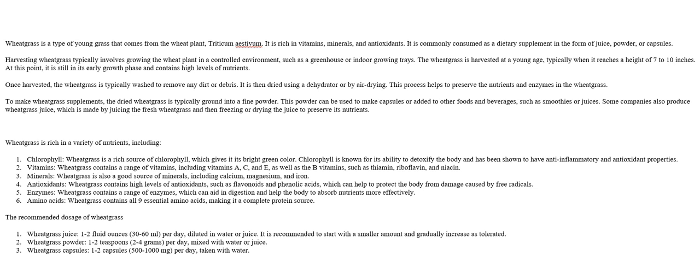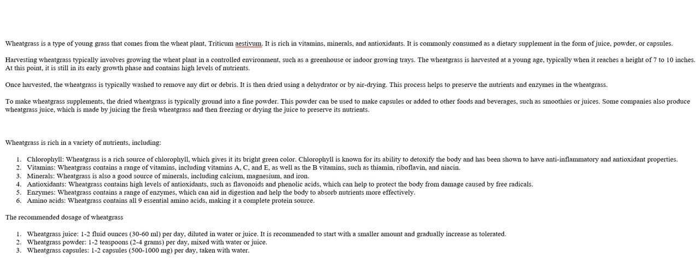It's okay. Triticum aestivum is rich in vitamins, minerals, and antioxidants. It is commonly consumed as a dietary supplement in the form of juice, powder, or capsules. Harvesting wheatgrass typically involves growing the wheat plant in controlled environments such as greenhouses or indoor growing trays. The wheatgrass is harvested at a young age, typically when it reaches a height of 7 to 10 inches.